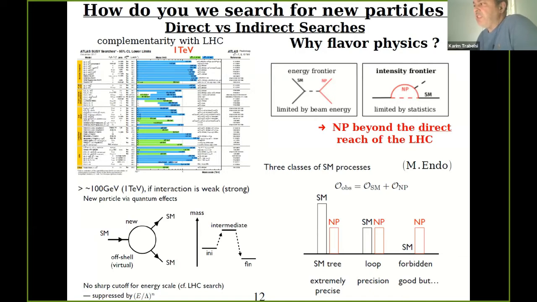Because, as it's forbidden in the Standard Model, you have a clear signature of new physics. Toward the end of the third lecture, I will talk about this lepton flavor violation in B decays and later in tau decays. So we are in the second category.